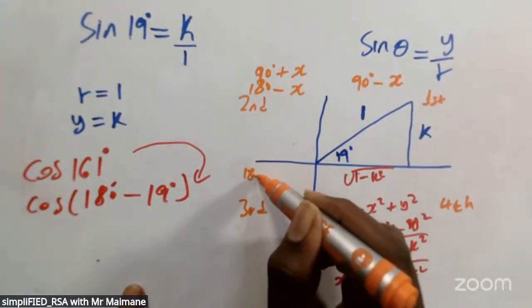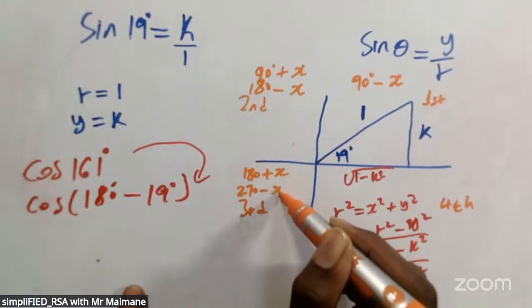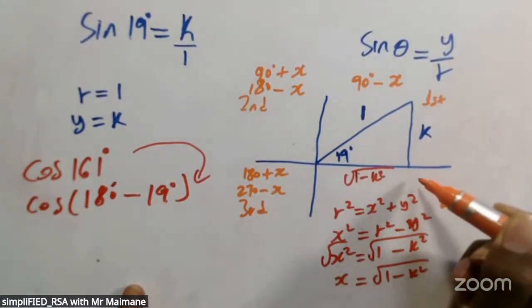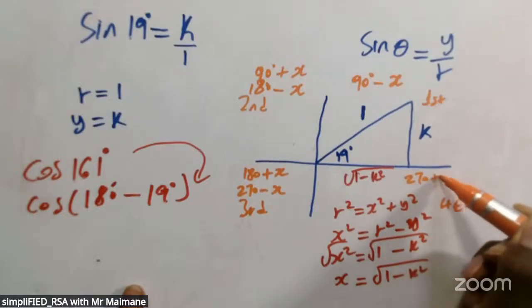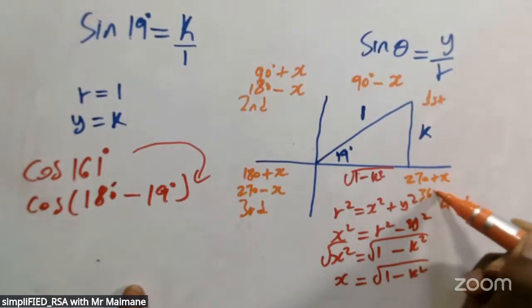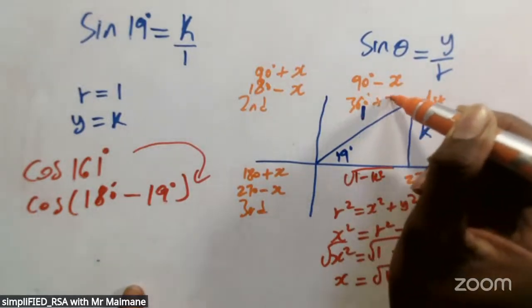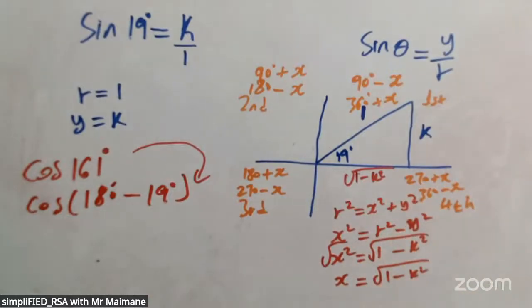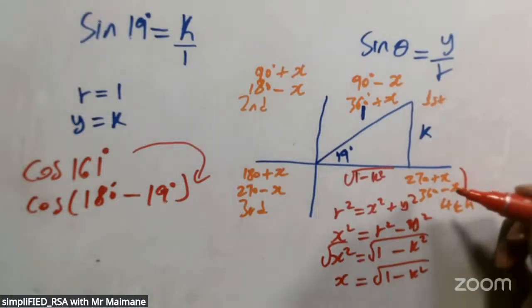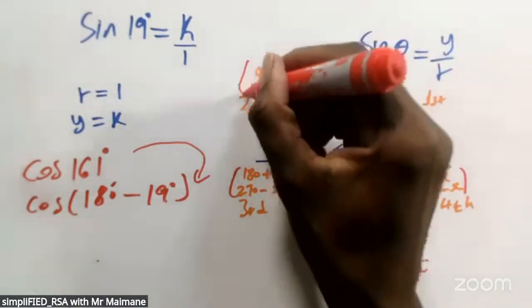Here is 180 degrees plus x as well as 270 degrees minus x. Here is 270 degrees plus x as well as 360 degrees minus x. This part is something you either know now or should push yourself to know, because it's just revision.